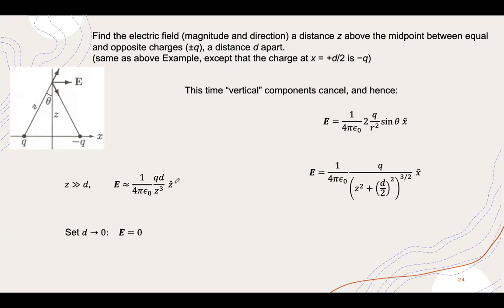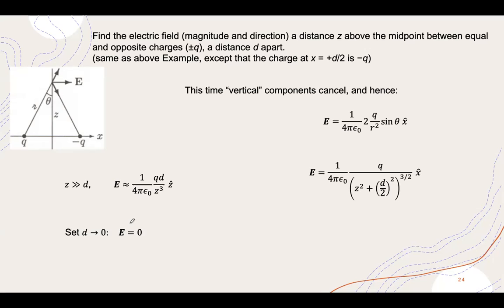If I set, for example, D equal to 0 here, then the electric field is going to be 0. The reason is clear: if this distance is 0, these two charges are very close to each other, and the total charge sums to 0, because Q minus Q is equal to 0, and therefore the electric field is 0.